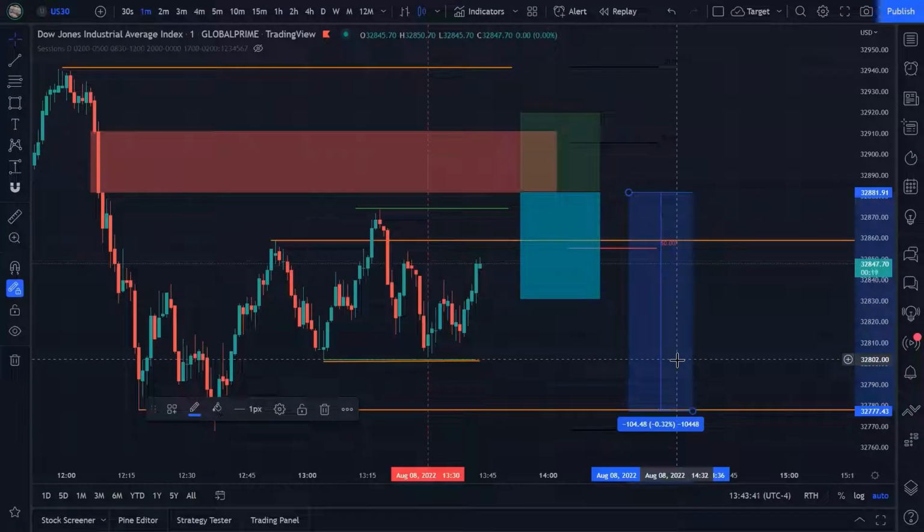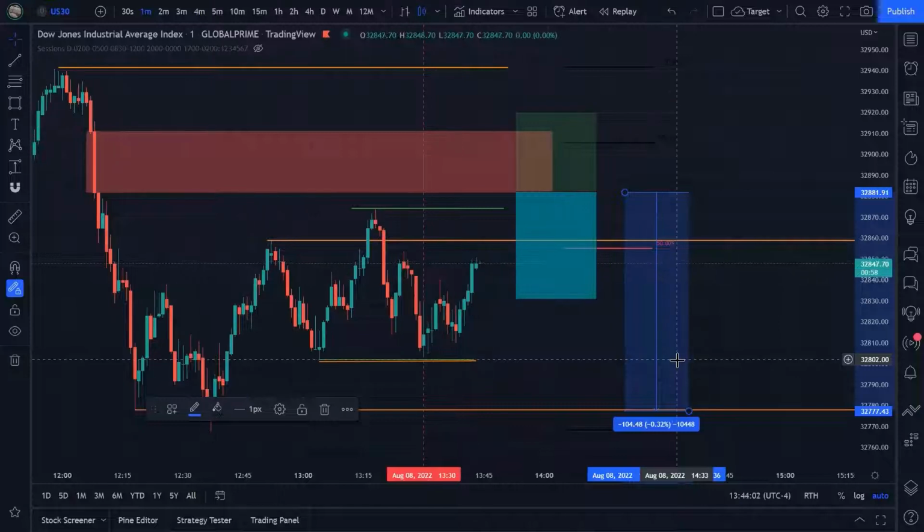So that is 37 points, and my goal is going to be 50 points. The target that I'm looking for is going to be down at the swing low, which is 100 points. So this is currently about a 1 to 3 risk to reward ratio.